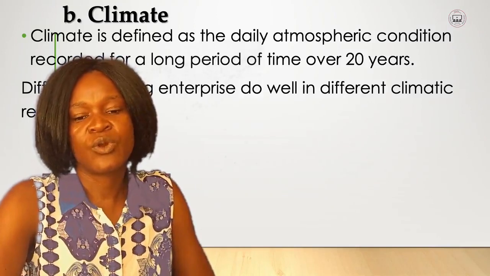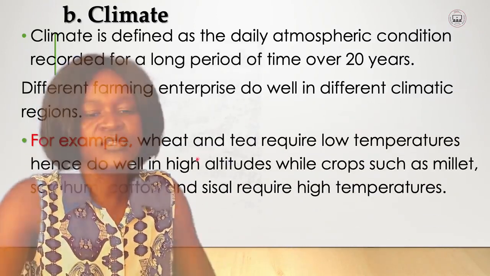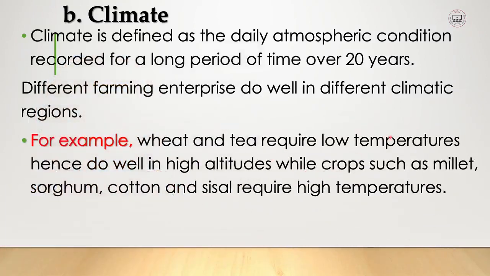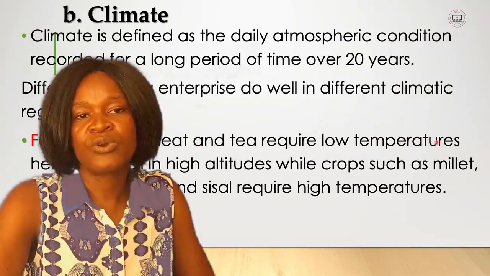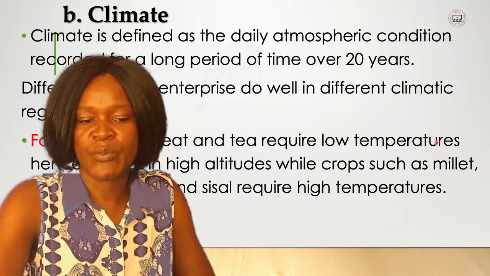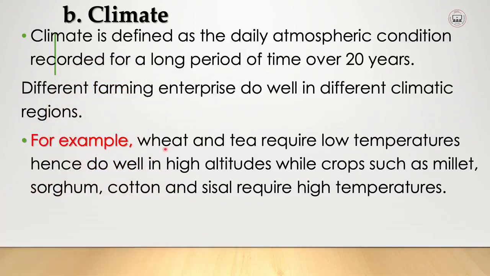Some crops, for example wheat and tea, require low temperatures. If they are grown at low temperatures, there will be high production, but if the same are grown at high temperatures, there will be low production.